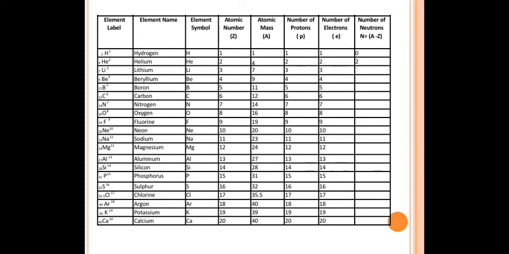Then 9 minus 4 is 5, 11 minus 5 is 6, 12 minus 6 is 6, 14 minus 7 will be 7, 16 minus 8 will be 8, and so on.